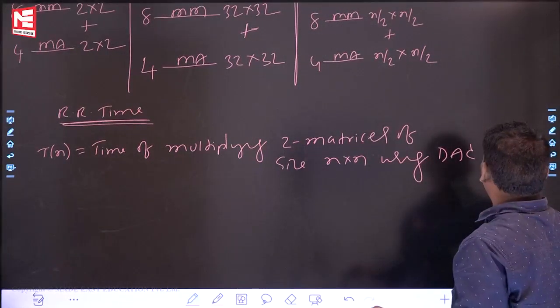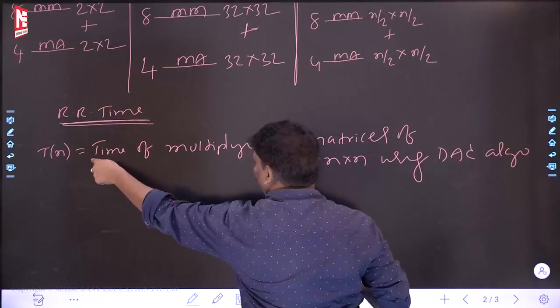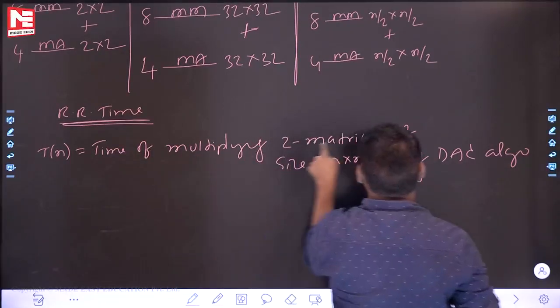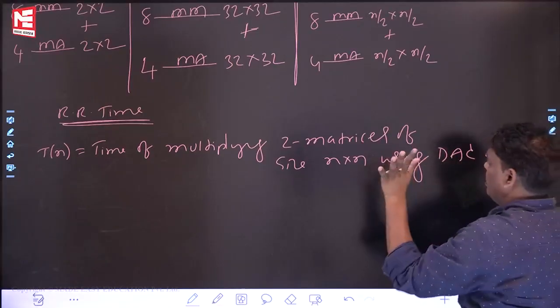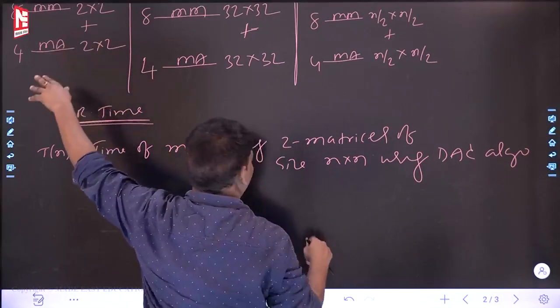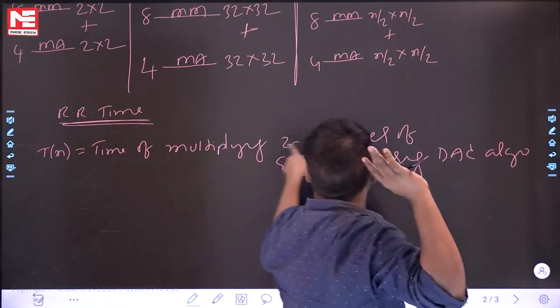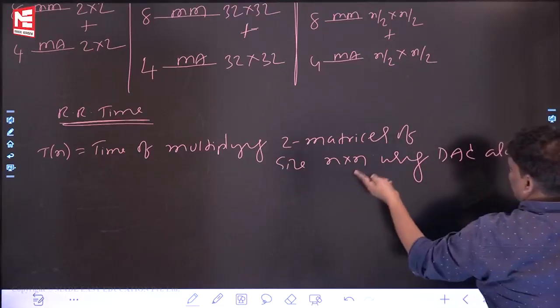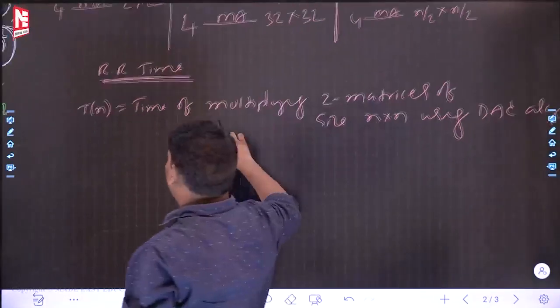Whatever we discussed, that algorithm's name is the divide and conquer algorithm. T(n) is equal to the time of multiplying 2 matrices of size n by n using the divide and conquer algorithm. If you are okay, see the recurrence relation.